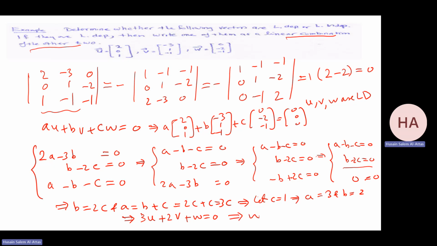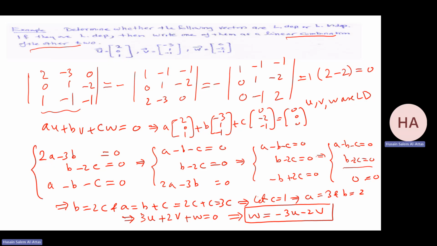That means I can rewrite W as what? Minus 3U minus 2V. So I wrote W in terms of the other two vectors, so W is minus 3U minus 2V.